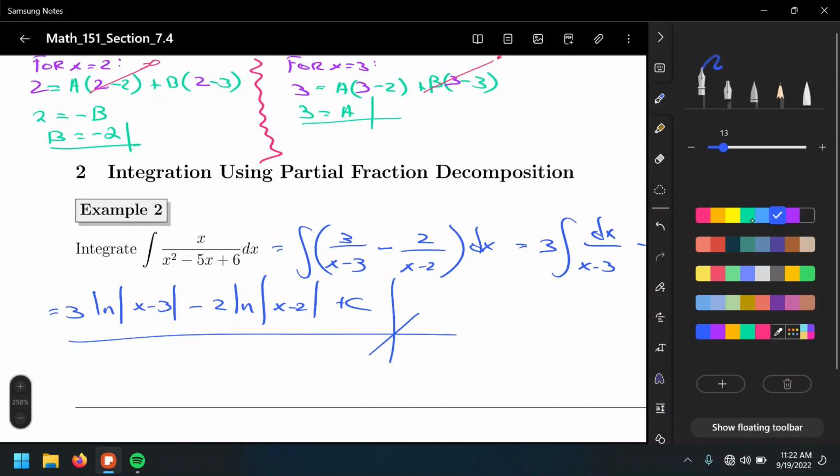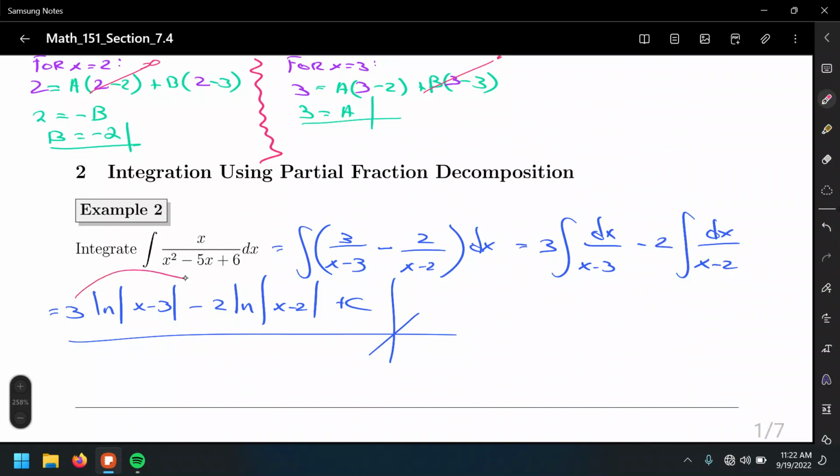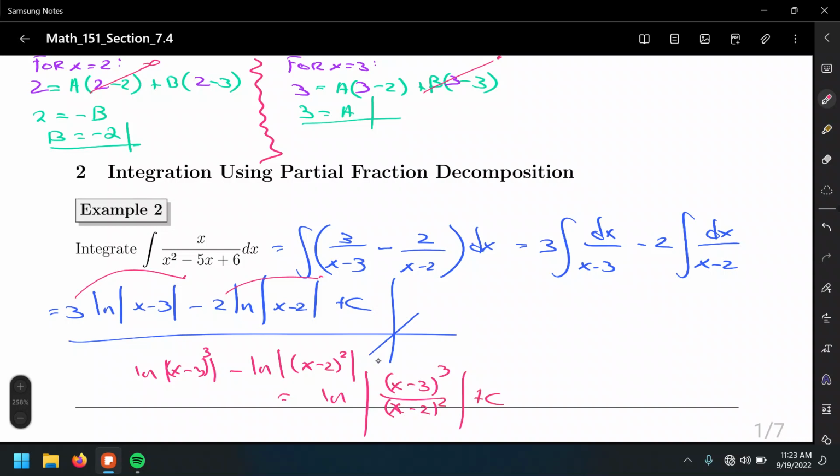If we use, for example, in this case, the power rule for both of these, that'll be ln of x minus 3 cubed minus ln of x minus 2 squared, and then using the minus, which is the quotient rule, that'll be ln of the quotient, x minus 3 cubed over x minus 2 squared, plus c.